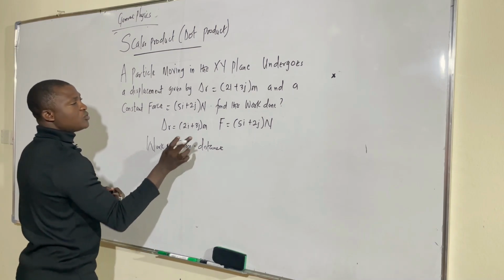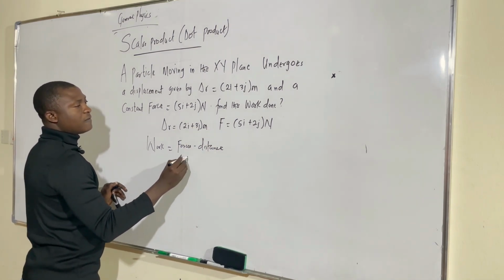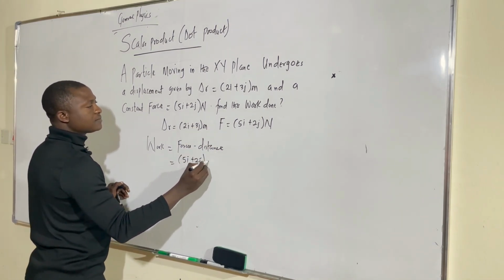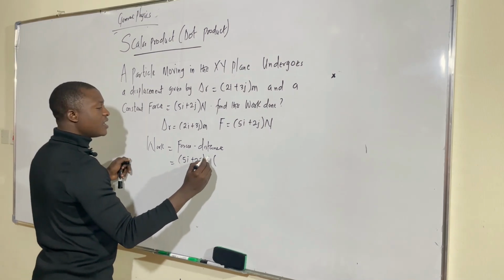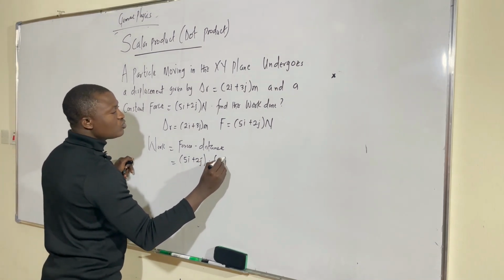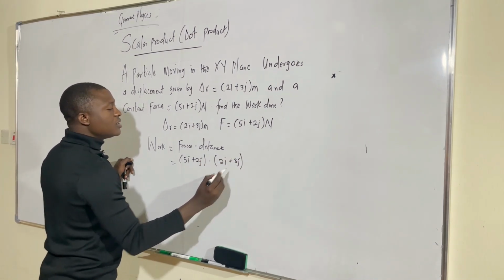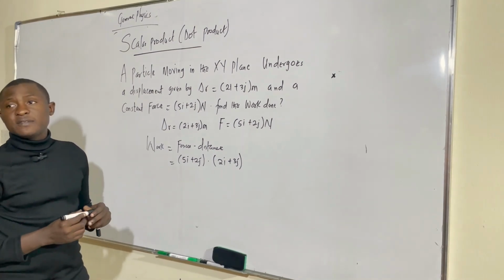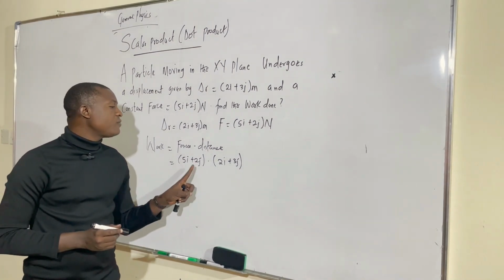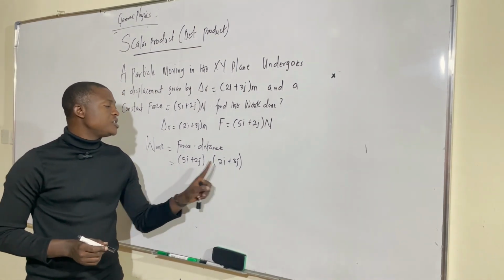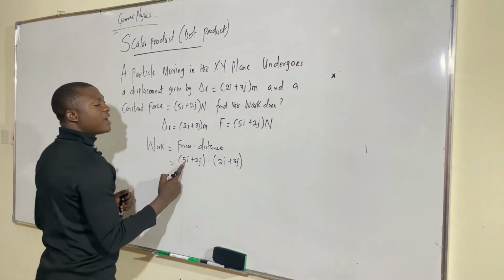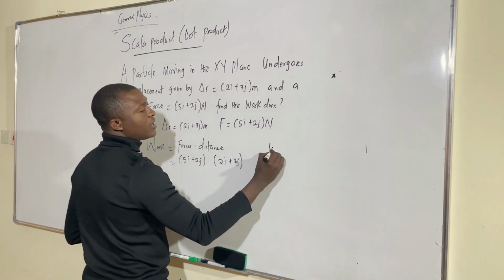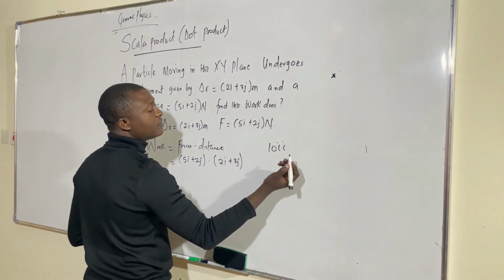So now the force we are given here is 5i plus 2j. The distance we have is 2i plus 3j. I will only match the ones that have the same direction together, right? Remember, i for i, j for j. So now 5i times 2i, we have 10 i dot i, and i dot i is 1.